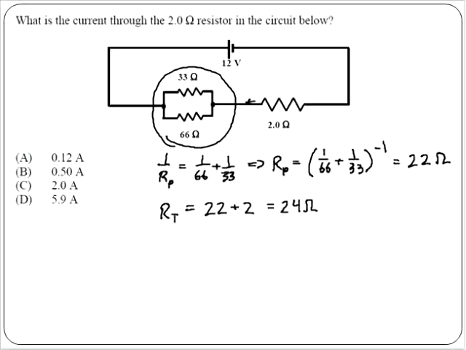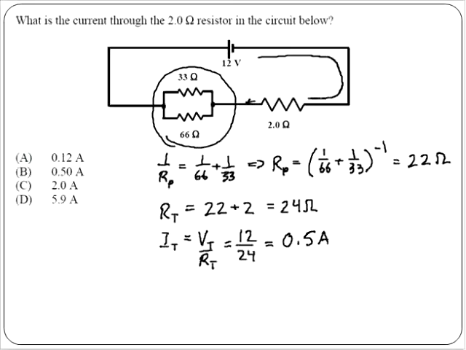Now I'm not going to bother to use a table here because there are only a couple of things we need to find. Now I can find IT. IT is equal to VT over RT. Always use that if you can. I know that VT is 12 and RT is 24. Divide those and you get 0.5 amps. That's IT. Look, if I leave here and come around to that resistor, there are no junctions, no nodes.